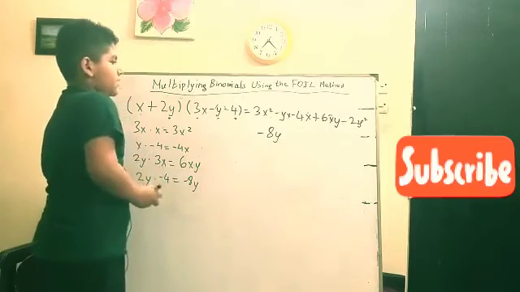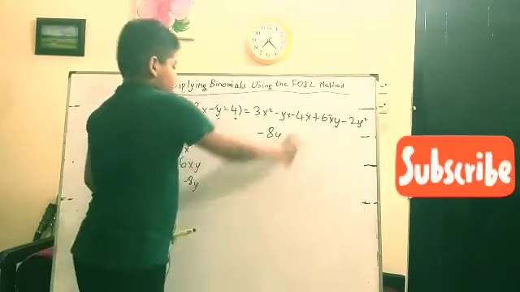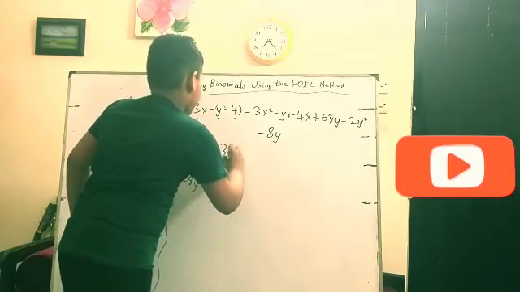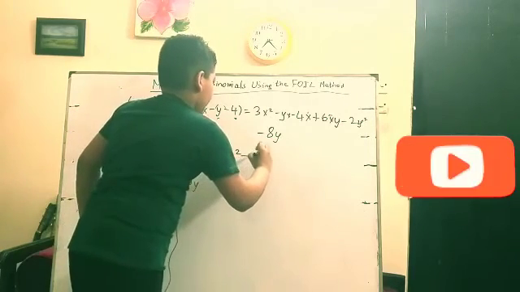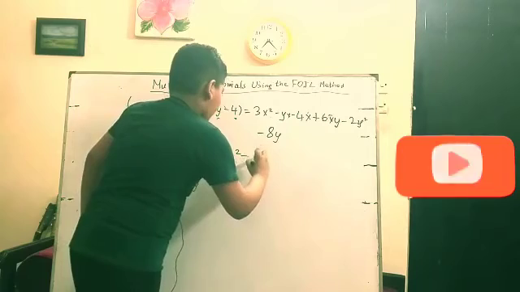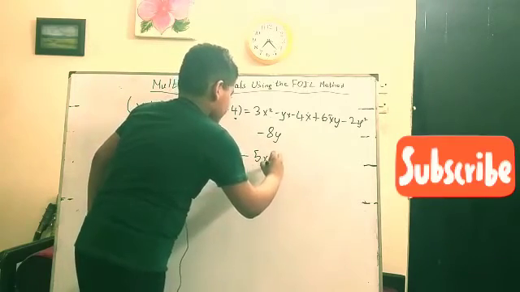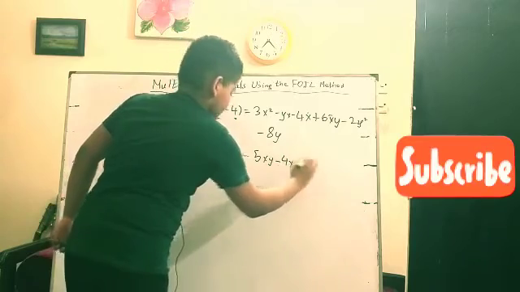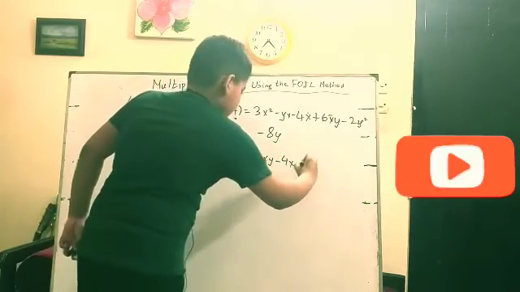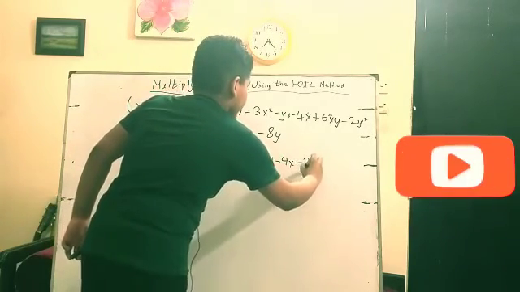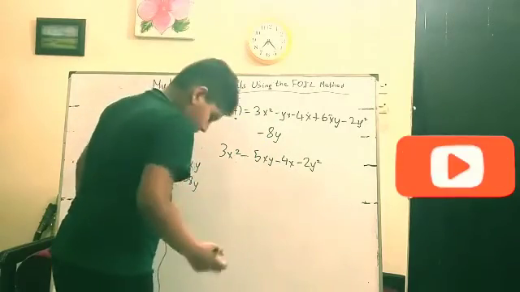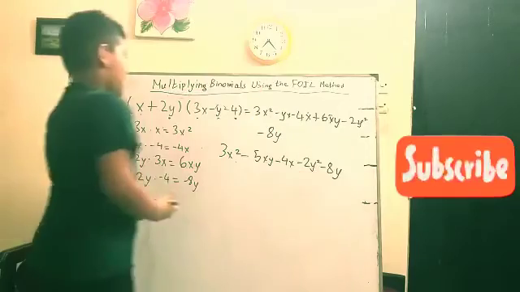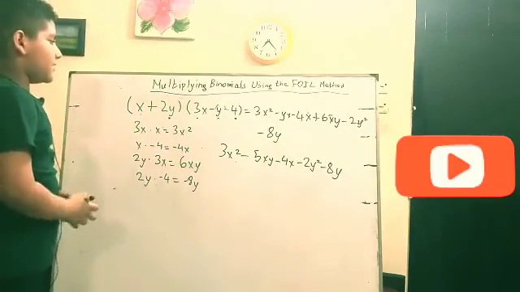Understand that by all these we can simplify to 3x squared minus 5xy minus 4x minus 2y squared. I'm now multiplying the common like terms, and this will be our answer.